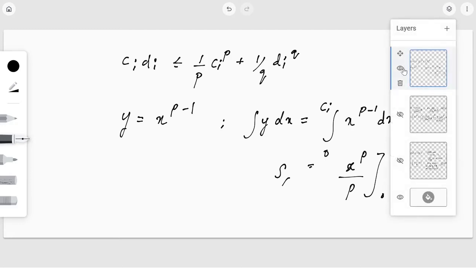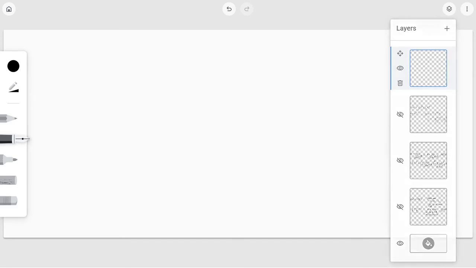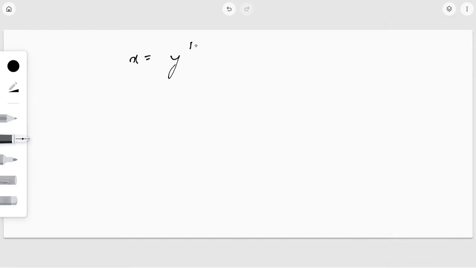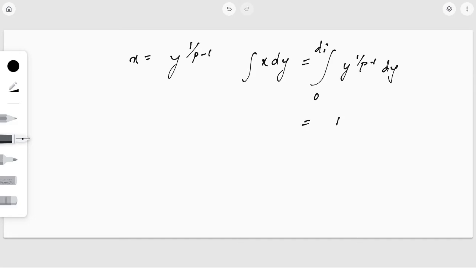Similarly, if we consider the function x is equal to y raised to 1 by p minus 1 and integrate this with respect to y, varying from 0 to di, we again get the value 1 by q into di raised to q.